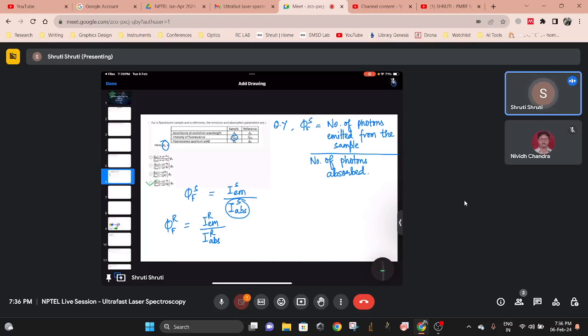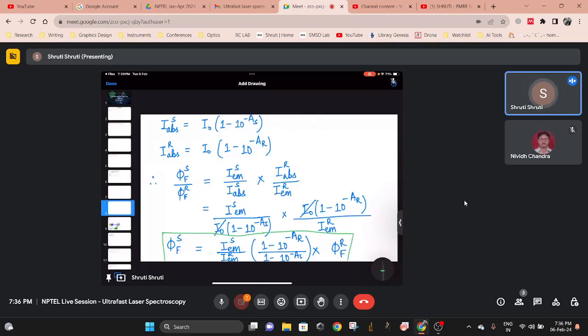Out of these things, what we will measure? This should be known earlier, or the reported value, and all other things, sample absorption, we measure, then this whole thing can be measured.